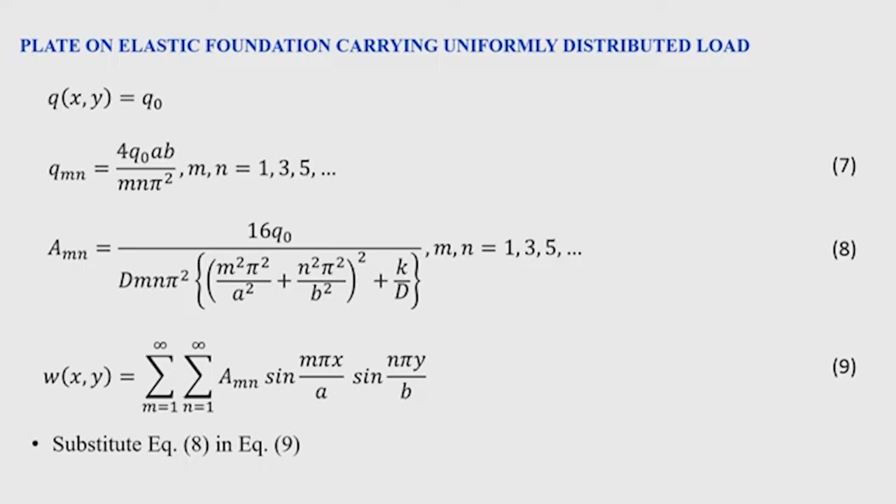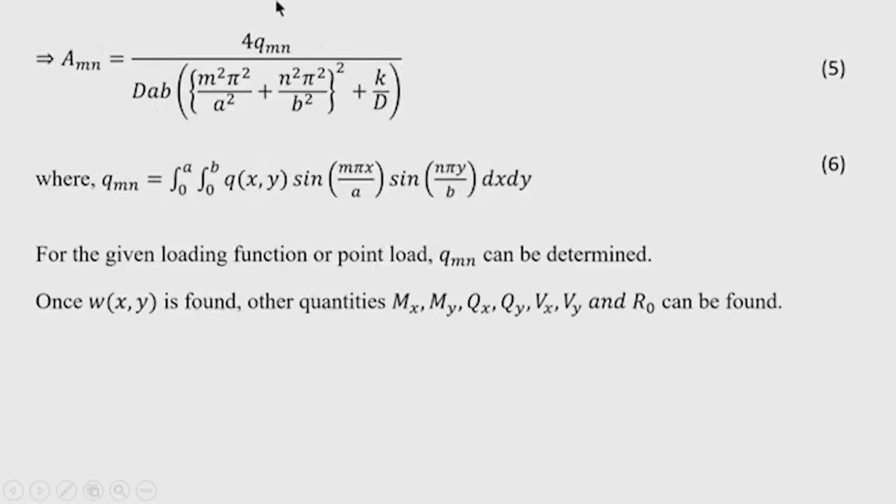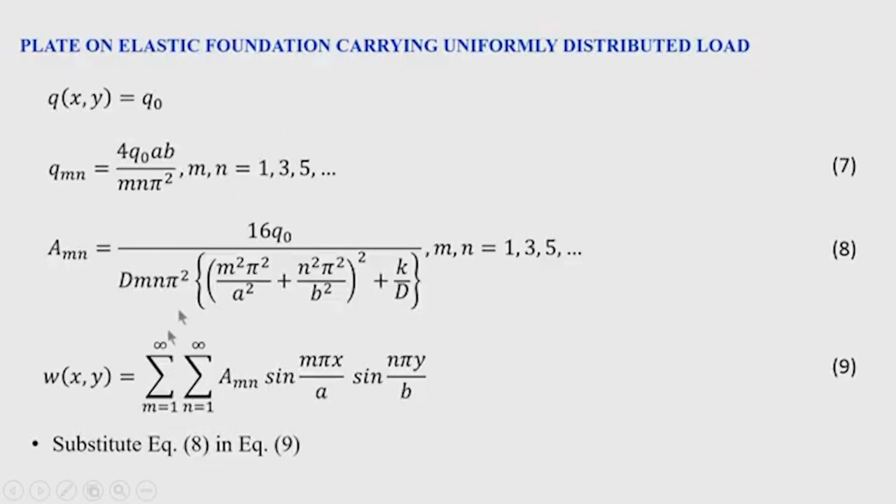After substituting Q_mn in the expression for A_mn, we get A_mn as this. Once A_mn is found, then W(x,y) is A_mn into sin(m pi x by a) sin(n pi y by b). So, equation 8 into equation 9 we can get the full deflected series.